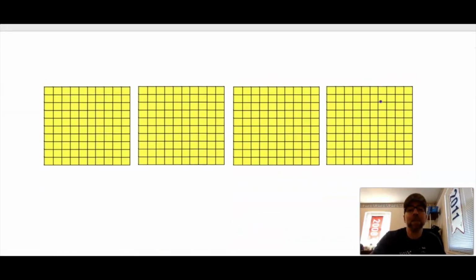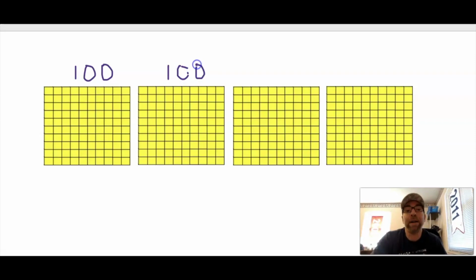I can count by some of my base 10 blocks. Look here on our screen, we have some flats, and our flats are each worth 100. How much do I have in all? If this is 100, and this is 100, and this is 100, and this is 100, how many 100s do I have in all?